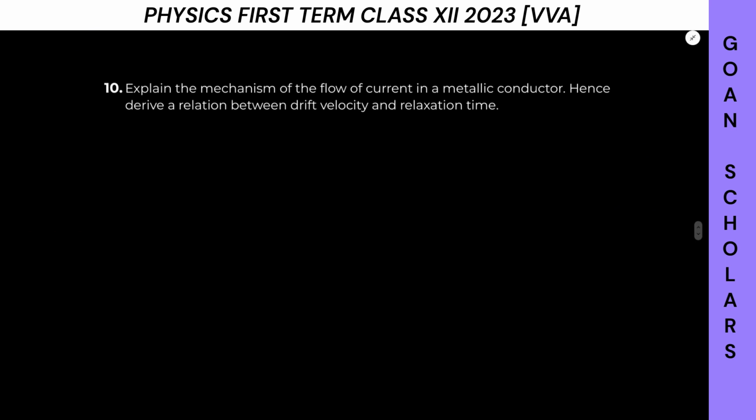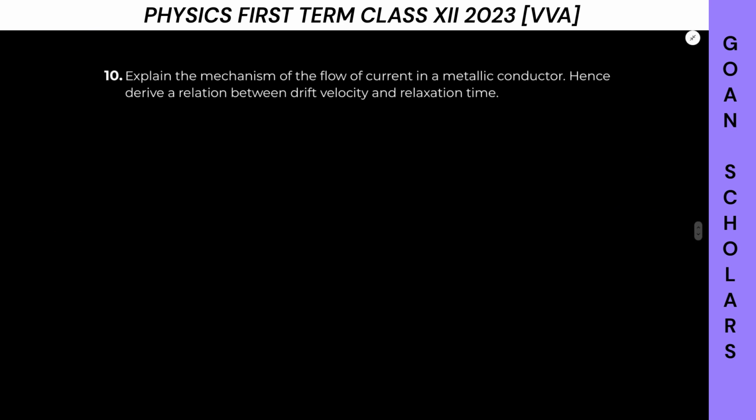Explain the mechanism of the flow of current in a metallic conductor, hence derive a relation for drift velocity and relaxation time. So let's explain it. Initially, let me write it in words.